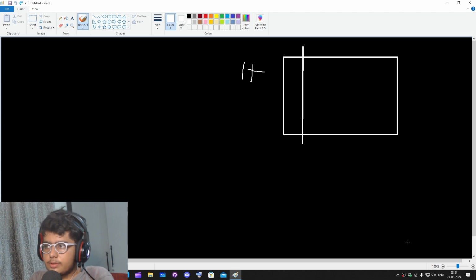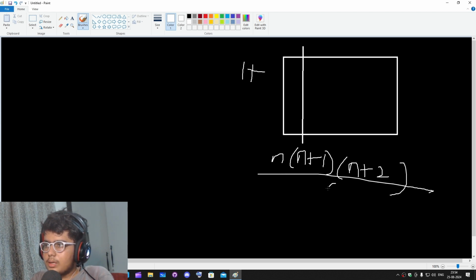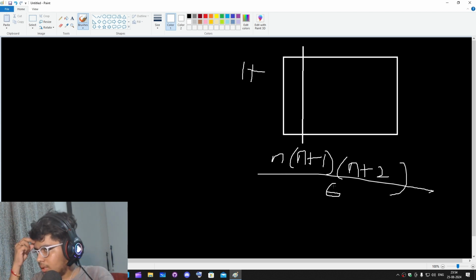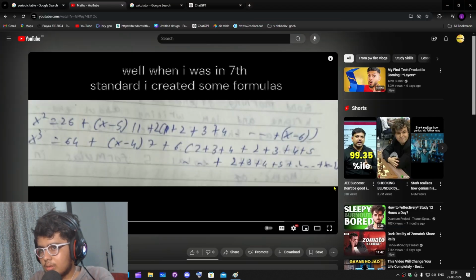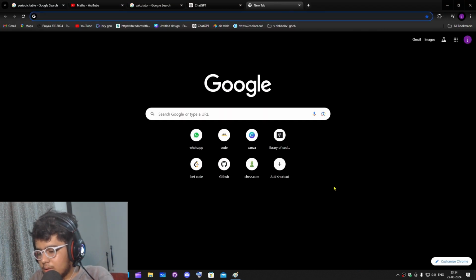So for this we got this formula, very beautiful formula: n into n plus 1 into n plus 2 by 6. I don't remember whether this formula is correct or wrong, so let's check it.